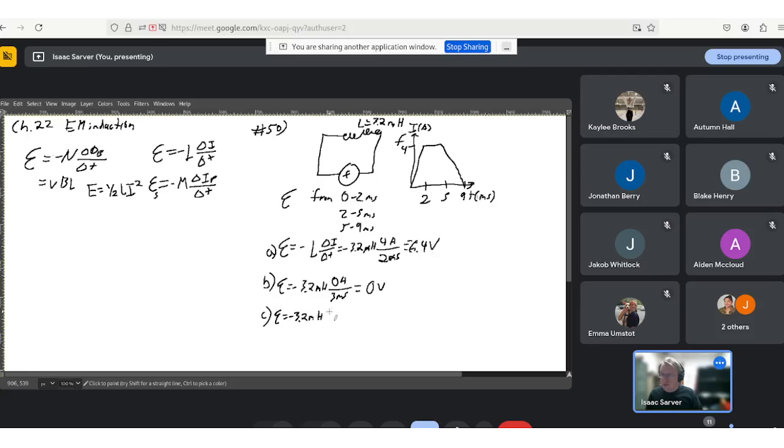We're going to decrease by 4 amps, and the change in time is 4 milliseconds. Millis cancel millis. 4 over 4 is 1. And so minus times minus is plus, so this will be 3.2 volts. Questions? Makes sense?